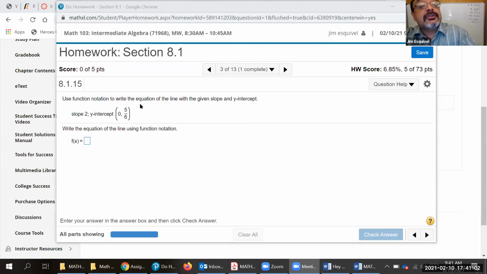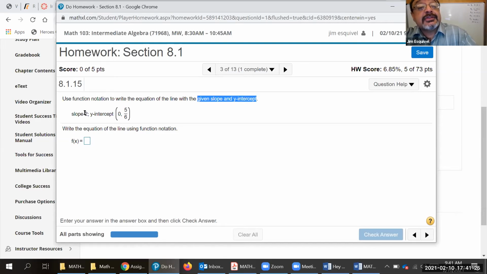Use function notation to write the equation of the line with the given slope and y-intercept. So they're telling you what the slope m is, remember that's m, and they're telling you the y-intercept, they're telling you what b is.